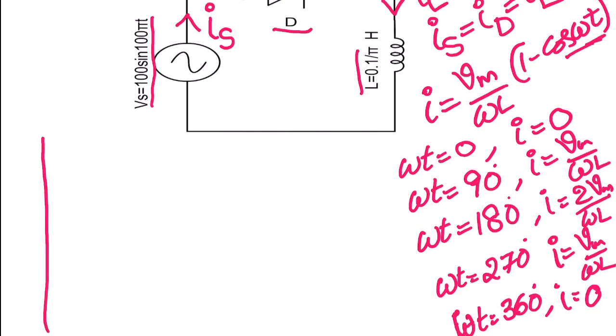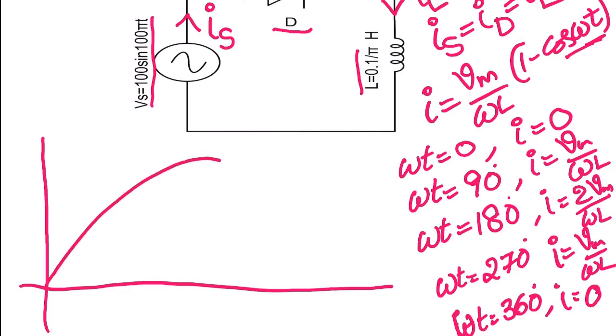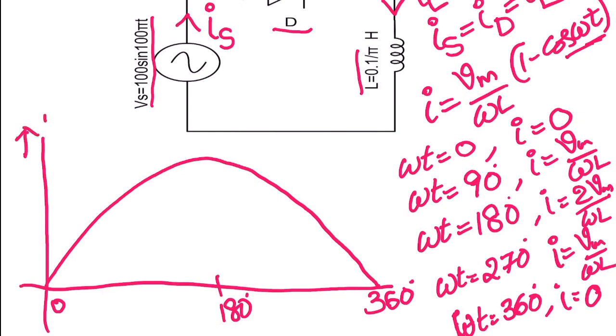Now if I am plotting the current waveform with a span of 360 degrees, the current waveform will come like this. This is 0, this is 180, and this is 360. This is the source current, or inductor current, or diode current; all are equal. At 0, the current becomes 0, so I'm plotting here.